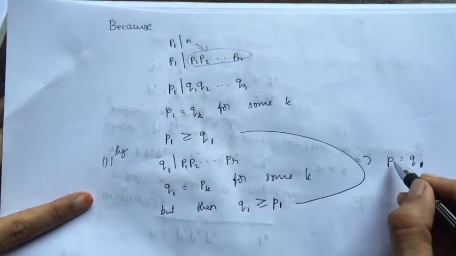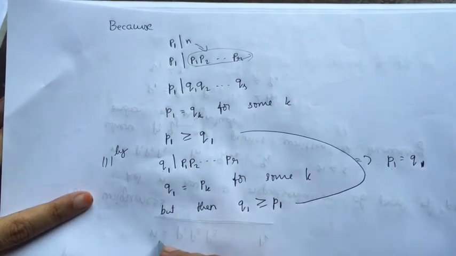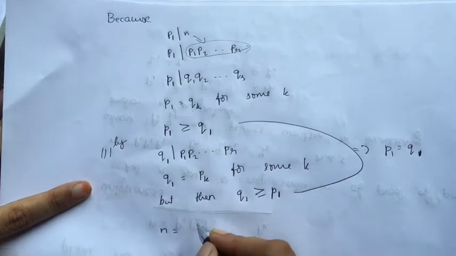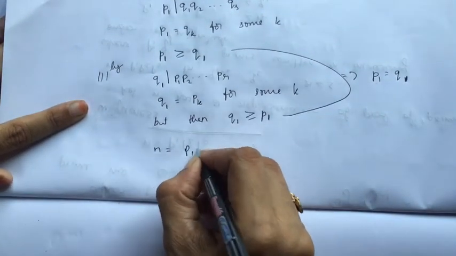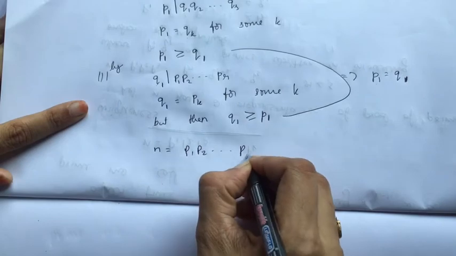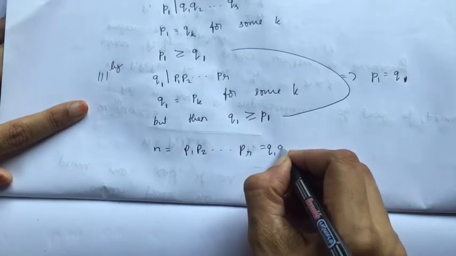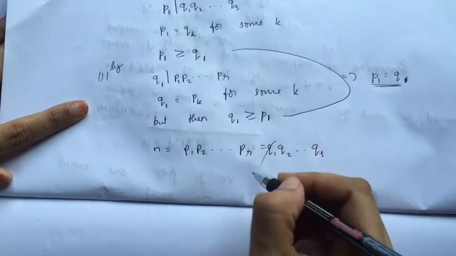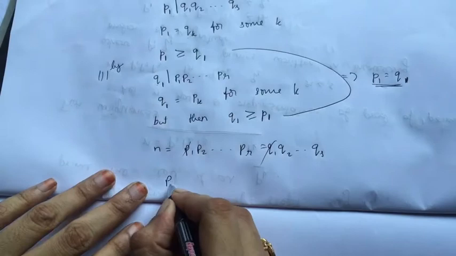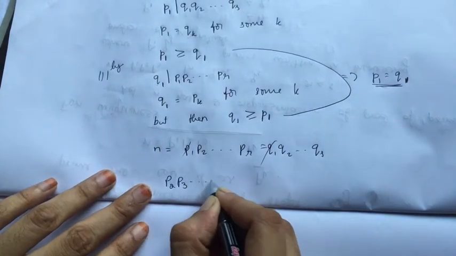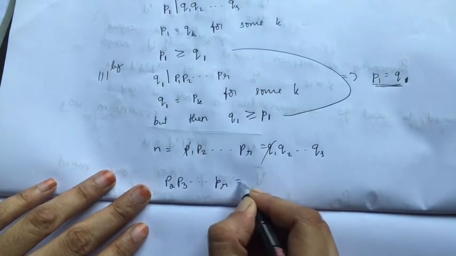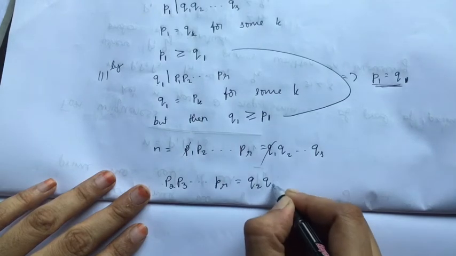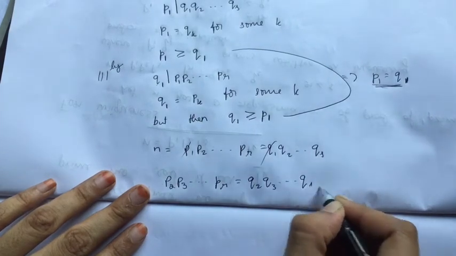If I use this, P1 equal to Q1, then I have the representation of n as P1, P2, ..., PR and Q1, Q2, ..., Qs. If P1 equals Q1, then I can cancel those two terms, right? The remaining is P2 into P3 into ... PR equal to Q2, Q3, ..., Qs.